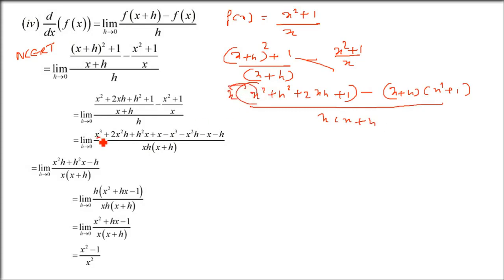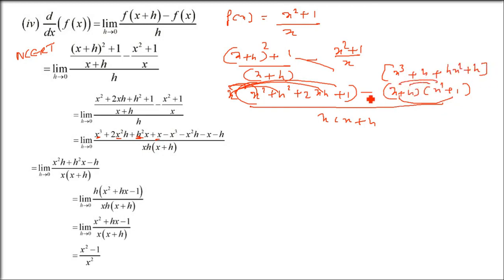Denominator you have x and (x plus h). So multiply: x cube, x h square, 2x square h and x. Here you have to multiply also: x cube, and x into 1 is x, minus h x square and plus h.